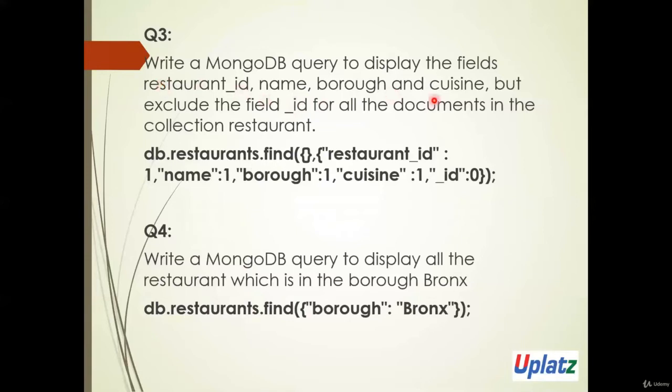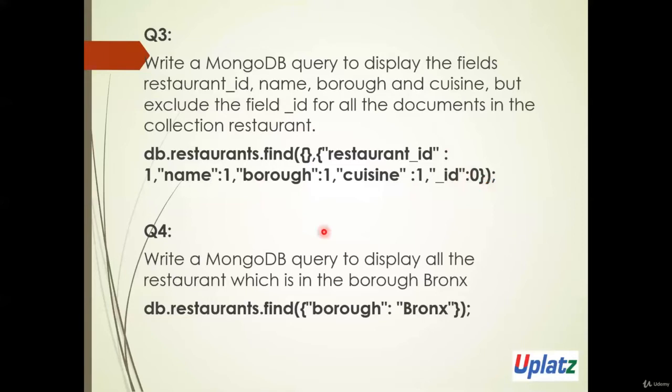This should be my query: db.restaurants.find with an empty object, which means it will scan the entire collection. For the four fields I have mentioned 1, and I don't want the ID, so I set the _id field value to 0. This will give you the four fields except the _id field.